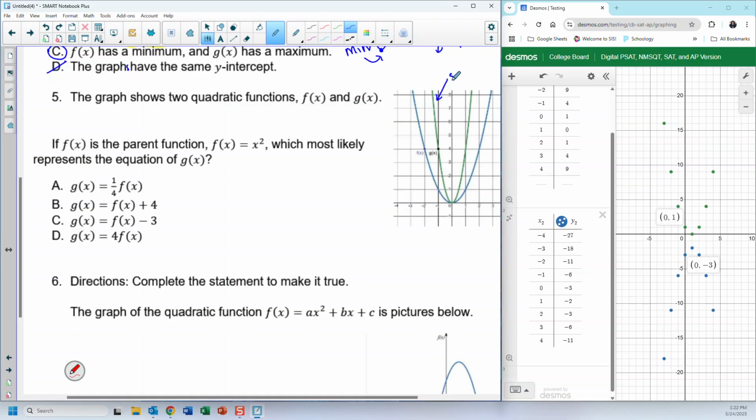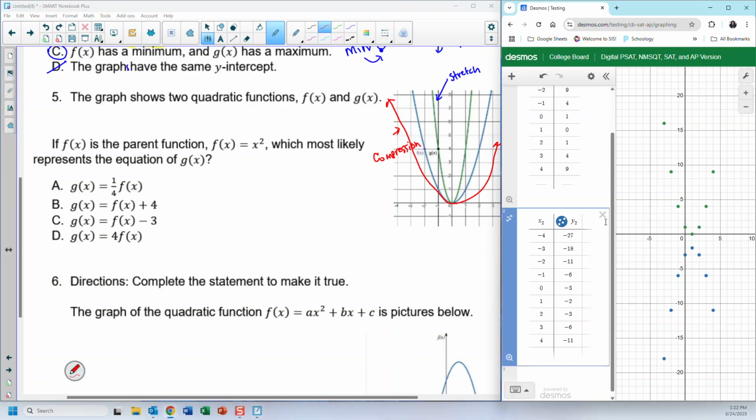So we call this a stretch. If the graph was wider than the parent function f of x, then we call it a compression. So just watch closely what's going on in Desmos.